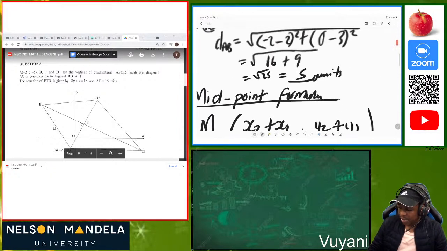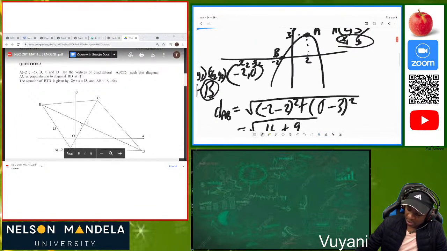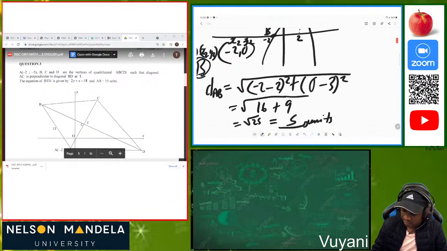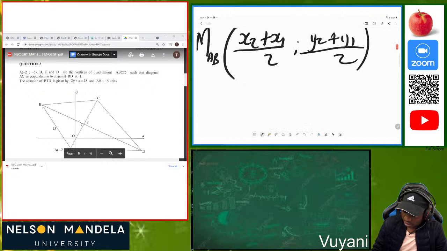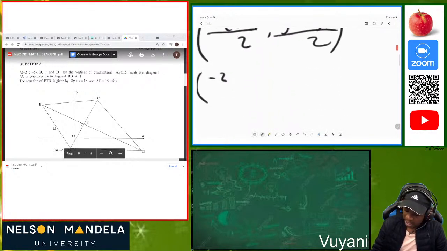So for instance, from the small example which we are doing, if they ask you the midpoint of AB, what is our x2? Our x2 is -2. So we're just gonna come here equal to -2. What is our x1? Our x1 is +2. Then we will say plus 2 divided by 2.